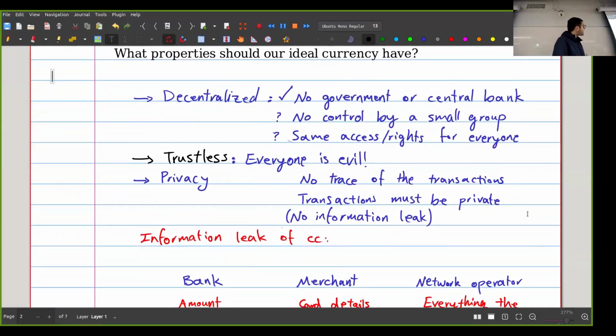Now, the other thing that I would like to have for my currency is privacy, of course. And this kind of brings us back to cash. So, imagine a world in which there is no credit card and no digital payments. And that was a great world. Everything is just paid by cash.